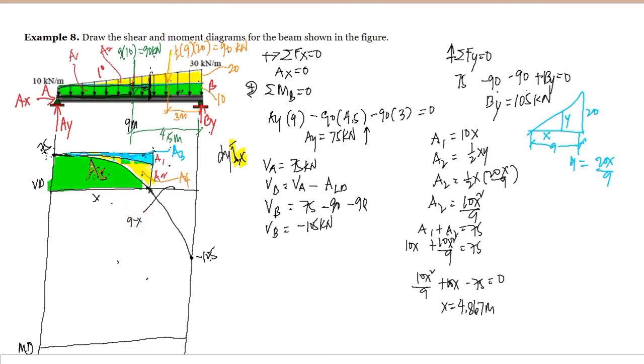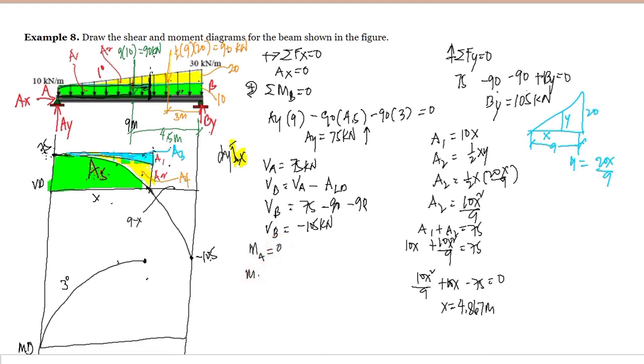Compute muna natin yung moment natin dito sa point na to. This is our maximum moment. Since nakikita natin dito that we have here decreasing, ibibend natin yung ating y-axis. And this is a degree 3 curve na kasi degree 2 tayo dito. Compute natin yung area 5 kasi yung moment natin dito, yun yung area 5 natin. We have here moment at A is equal to 0.